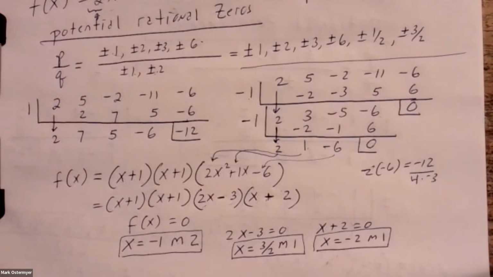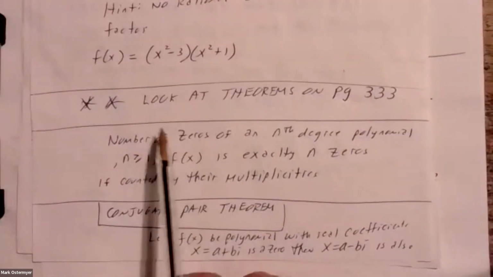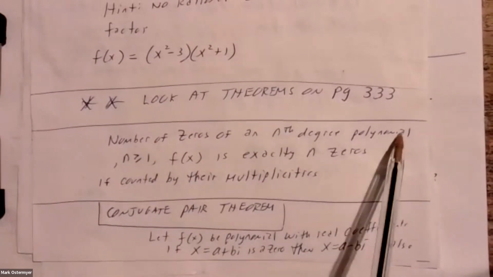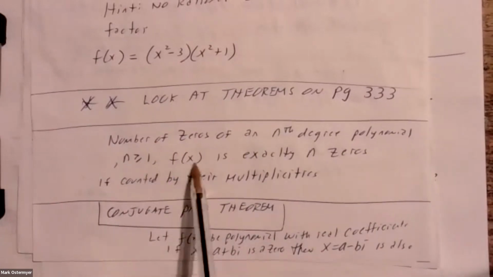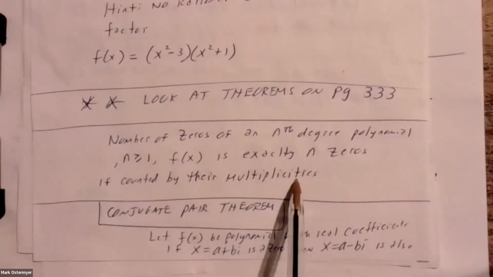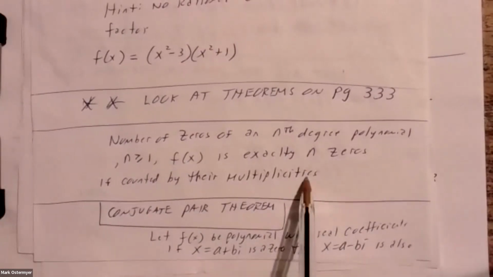And ladies and gentlemen, the fundamental theorem of algebra basically says this: the number of zeros of an nth degree polynomial f of x is exactly n zeros if counted by their multiplicities. That's always true.